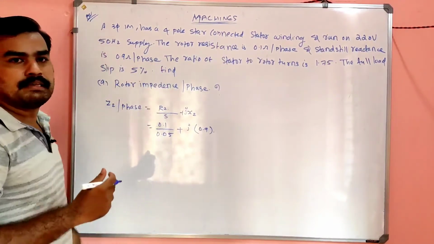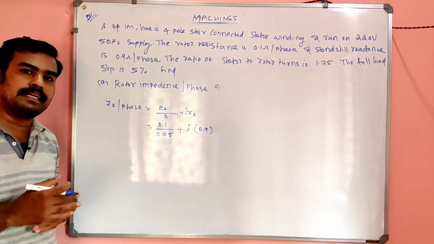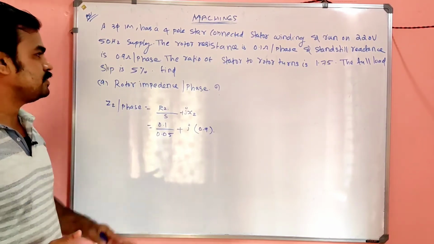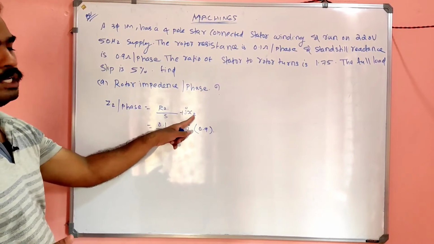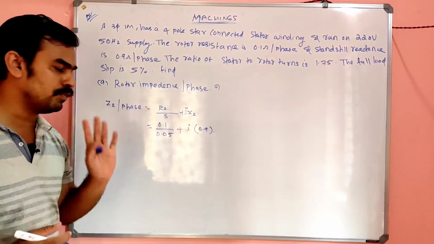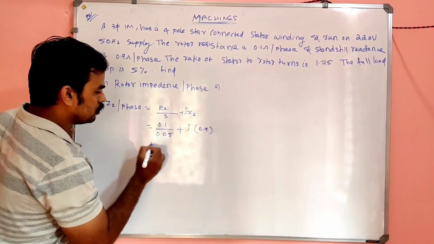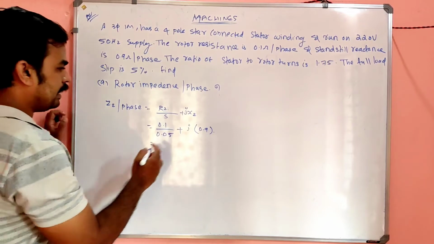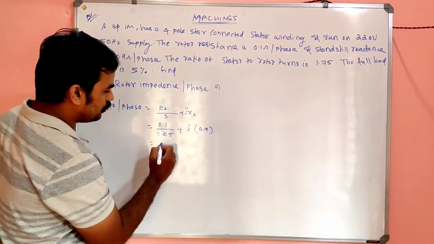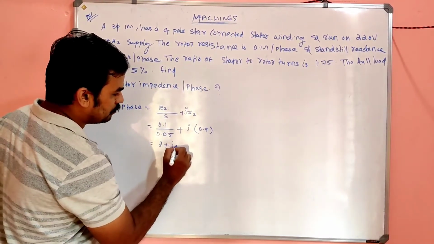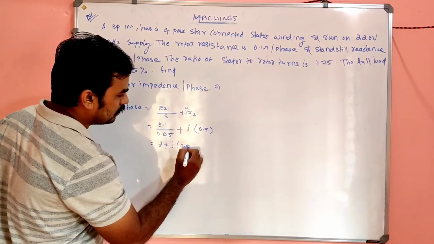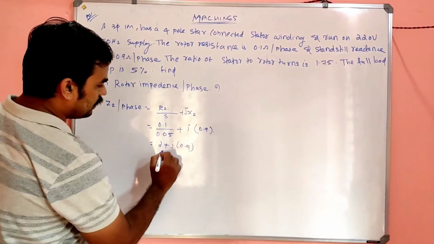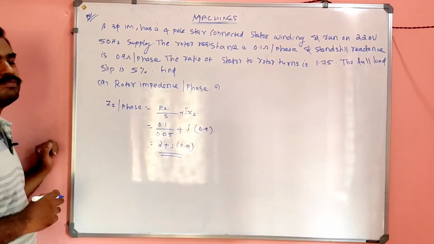Standstill means simply X2. Suppose it is in running condition, you have to use another term, S into X2. But the standstill equation only contains j into X2, so simply you can go for the standstill equation. So solve it and you will get an answer of 2 plus j into 0.9, since 0.1 divided by 0.05 is 2. So that is the rotor impedance per phase.